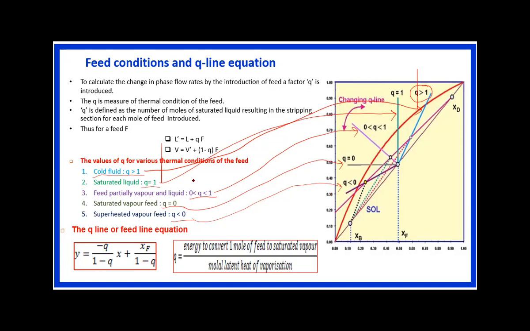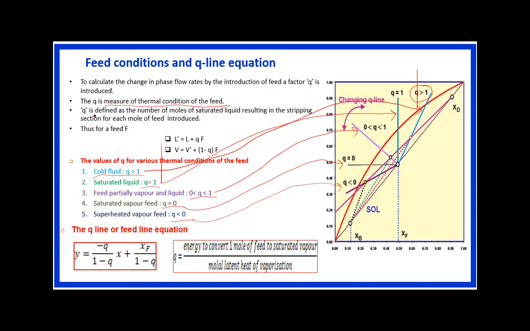So what exactly is this q? The q may be defined as the measure of thermal condition of the feed, because these conditions, cold, saturated liquid, partially vapor, saturated vapor, superheated vapor, all depend on the temperature, that is, heat as energy.